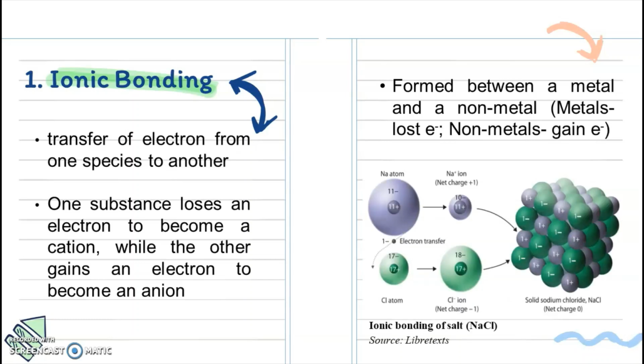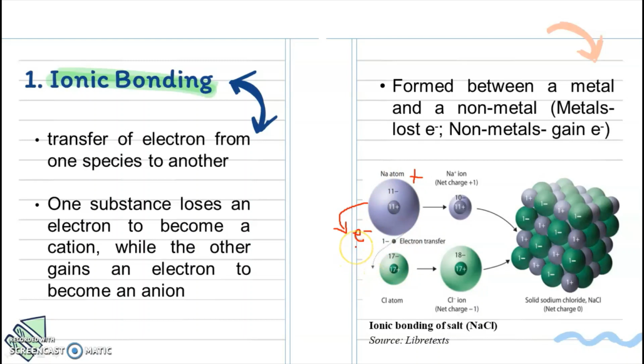So, let us look at the illustration. We will look at the ionic bonding between sodium and chlorine to form salt. So, si sodium, siya yung iyong metal. Ang mangyayari, siya yung maglo-lose ng electron. So, ang mangyayari, magiging siyang positively charged.